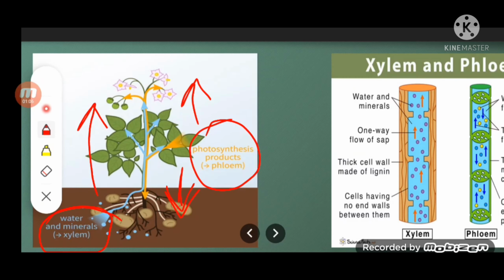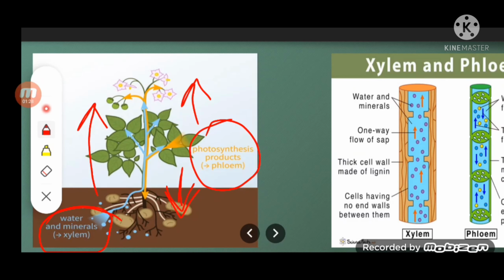The food produced as a result of photosynthesis is transported either to the growing parts of the plant or to the storage organs of the plant. Growing parts may be the root tip or shoot tip.